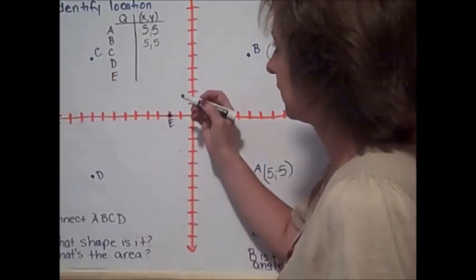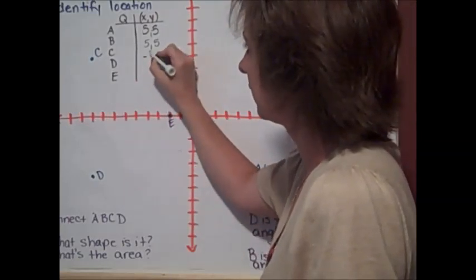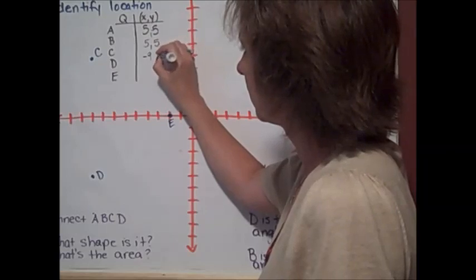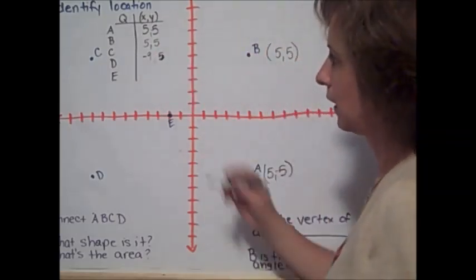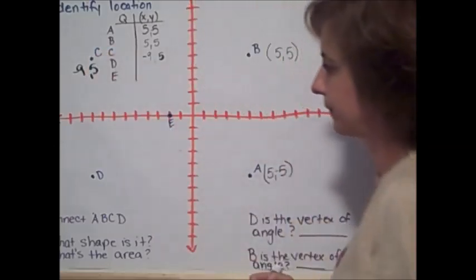So C is at negative 9, 5. This point is negative 9, 5.